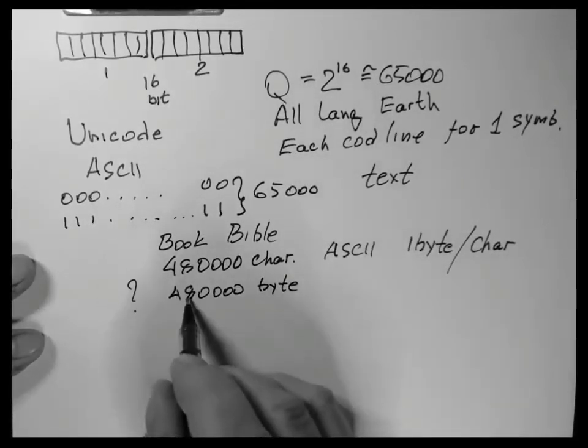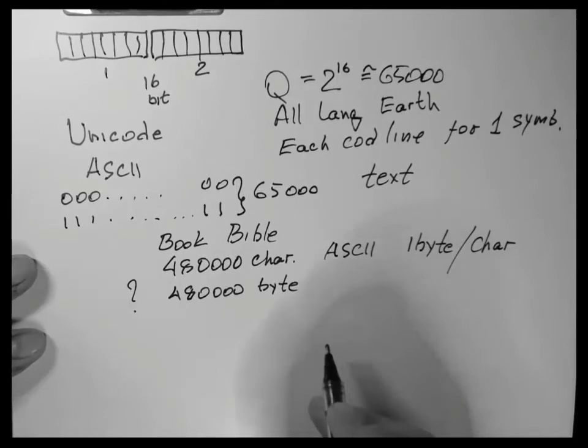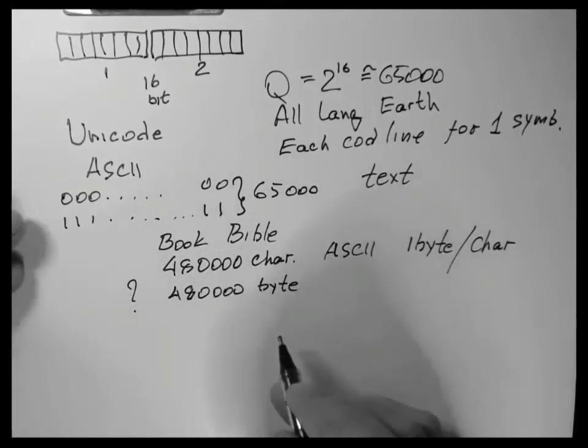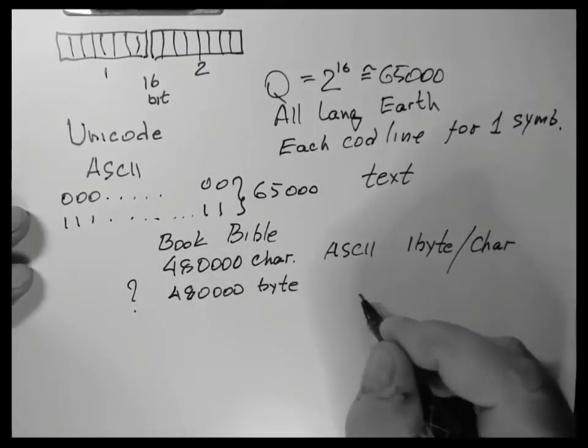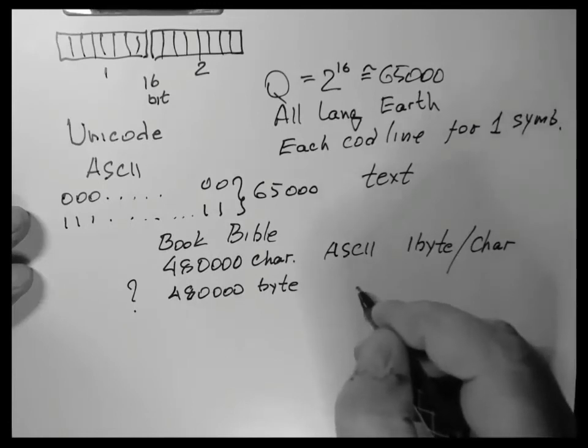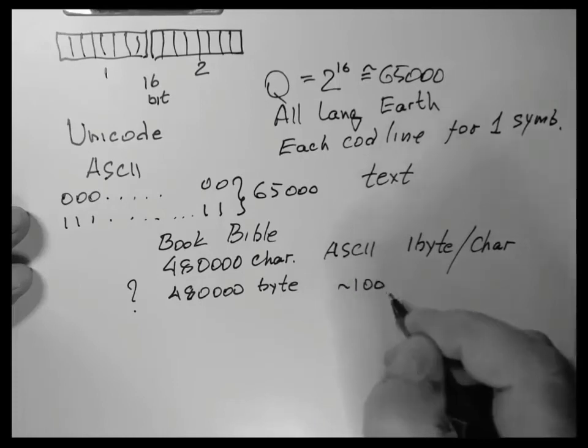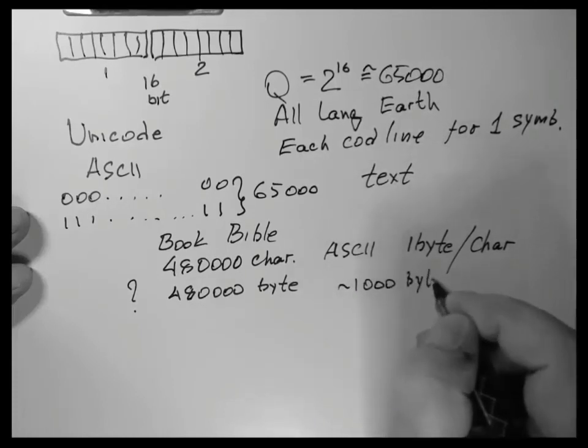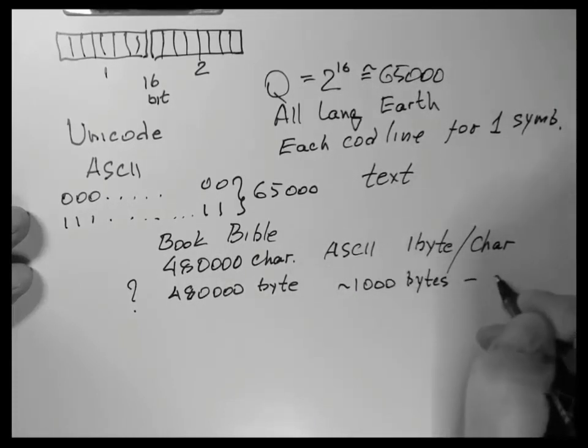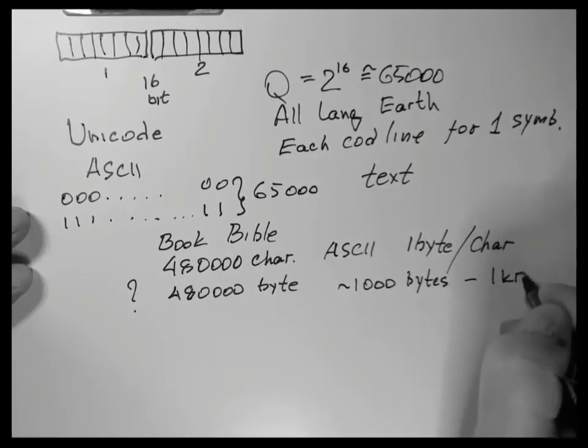But folks, this record is not suitable. How to make a more suitable record? So people started working and they designed these kinds of records. Approximately 1,000 bytes is 1 KB, kilobyte.